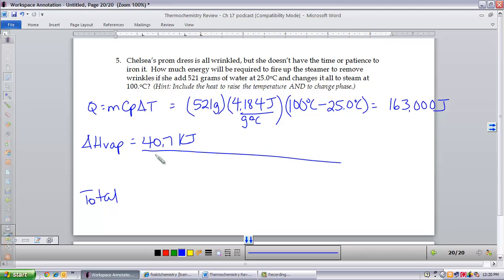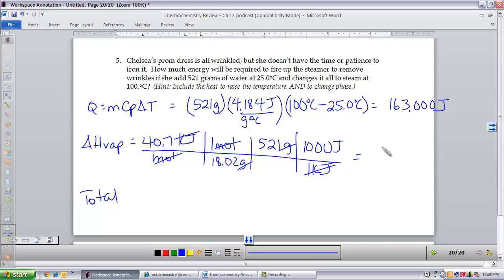Now the heat of vaporization is given to you as 40.7 kilojoules per mole. How much do we have? Well, 1 mole of water is 18.02 grams from the periodic table. The problem tells us we have 521 grams. Since we have joules up here, we want to make sure that we're adding joules to joules. So we're going to say there's 1,000 joules in a kilojoule so that our units will cancel and we'll get numbers that we can add together.